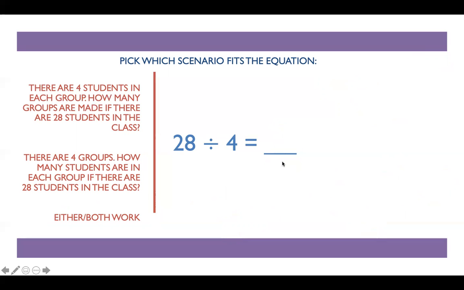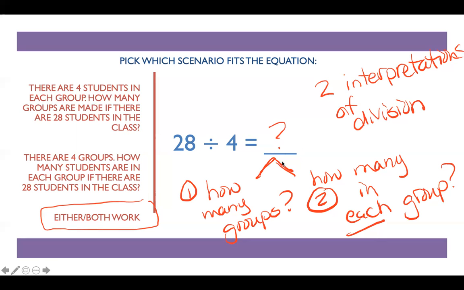That's how, when we do our division, we get these two interpretations or meanings of division. There are 2 ways to think about this quotient. When you read both of these scenarios, both of them are division, and they are. And these are the 2 ways we can think about division.